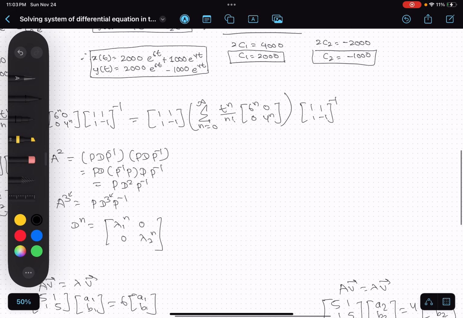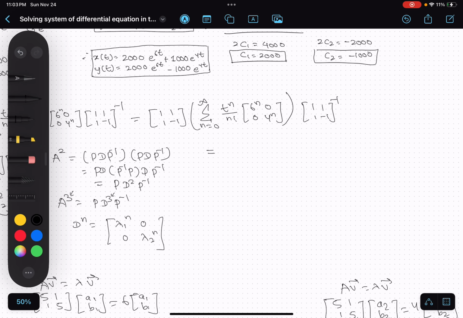After this, I can take this constant inside the sum, so the sum from n equals 0 to infinity becomes [[t^n 6^n by n factorial, 0], [0, t^n 4^n by n factorial]], and I will just have [[1, 1], [1, -1]] inverse.